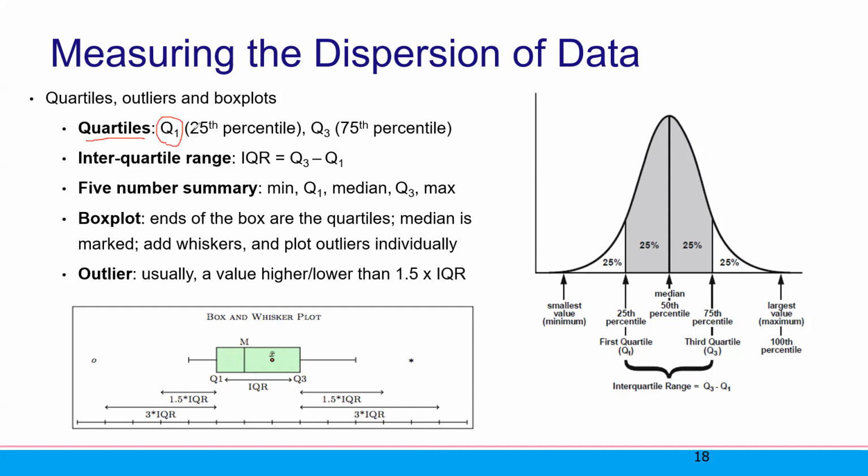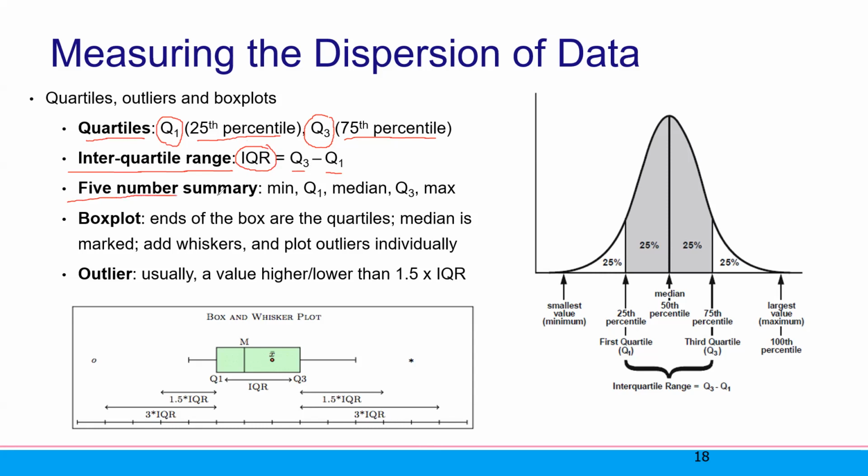Maybe I just want to remind you, maybe you already had the statistics class, where you already learned about the quartiles. Q1 is the 25th percentile and Q3 is the 75th percentile. And we can have the interquartile range. So the IQR, or the interquartile range, is Q3 minus Q1.